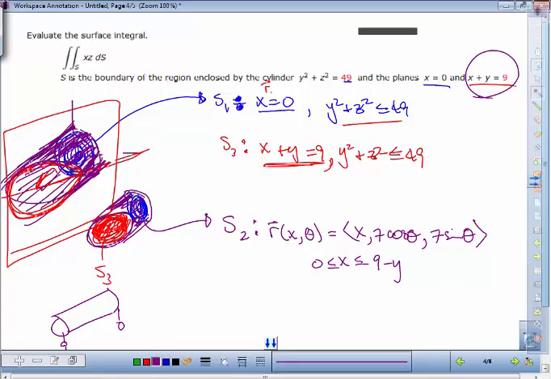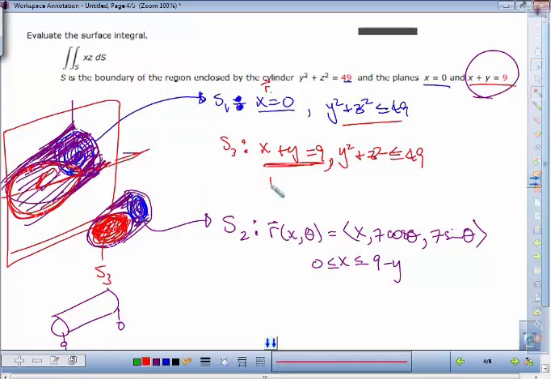So if we want to parameterize S3, let's parameterize S3. This is your x and your y, right? And we're talking about this plane. So we can imagine this thing, the shadow, kind of have to look at the shadow. The shadow is happening on the YZ plane, right?